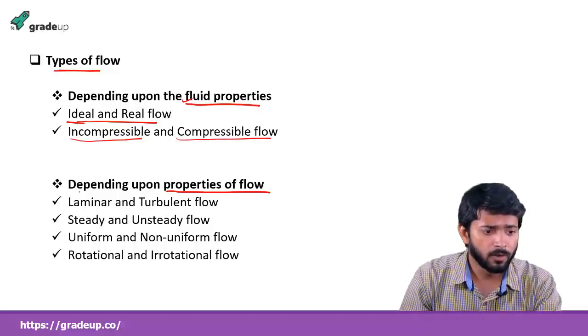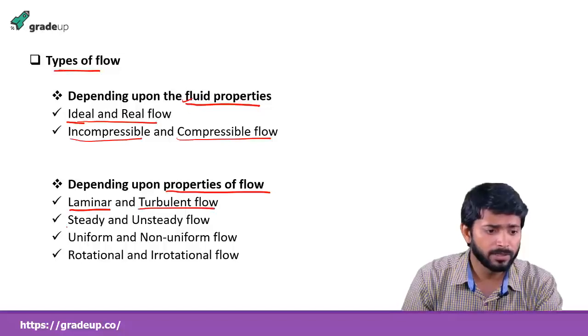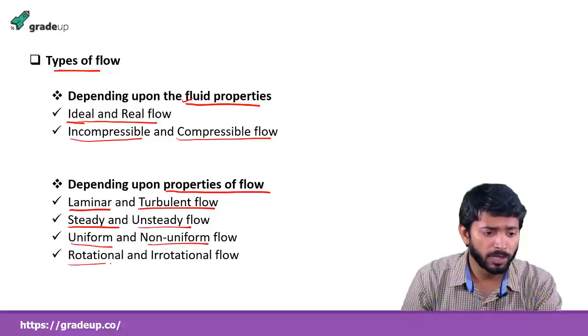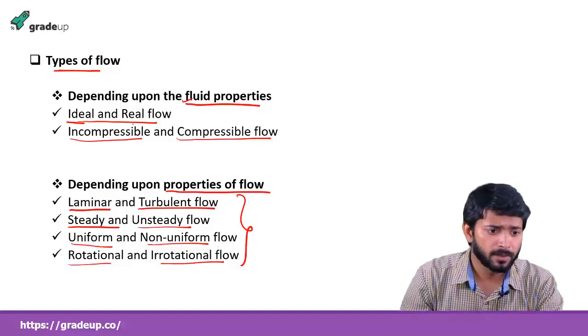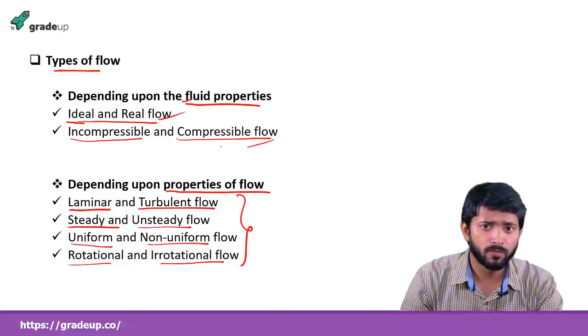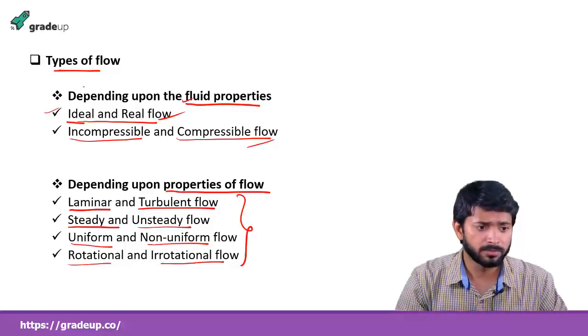And when the flow depends upon the properties of flow, it is laminar and turbulent, steady and unsteady, uniform and non-uniform, rotational and irrotational. These are the types of flows which depend on the flow properties, and the others depend on the fluid properties. So we will study briefly about these types of flows.